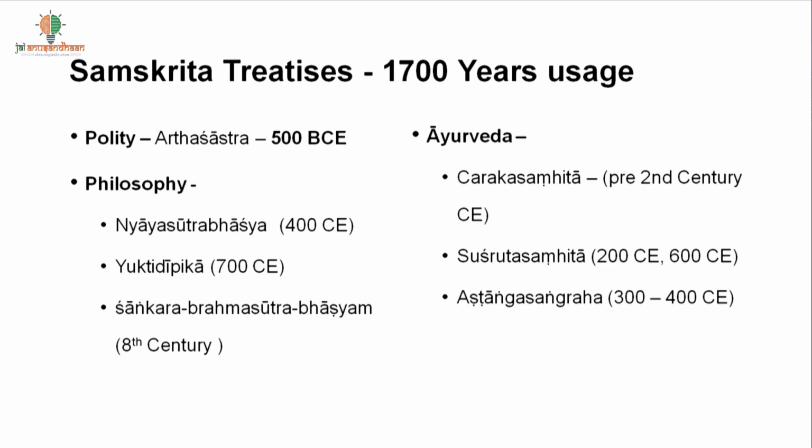In philosophy, Nyaya Sutra Bhashya of Vatsyayana, Yukti Deepika, a Sankhya treatise, and Brahma Sutra Bhashya also utilize one or two Yuktis. And in Ayurveda, in Charaka Samhita, Sushruta Samhita, Ashtanga Sangraha, we find references to Tantra Yukti.